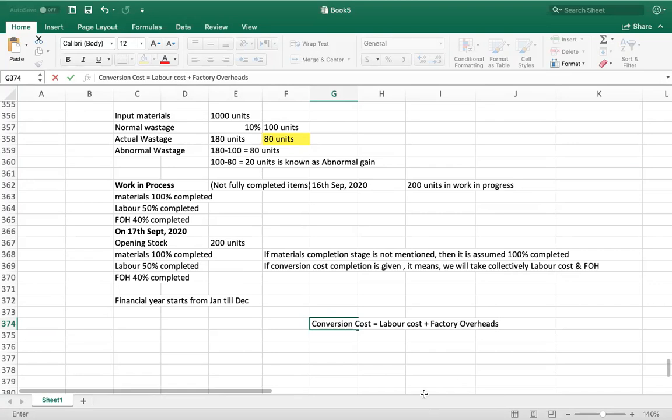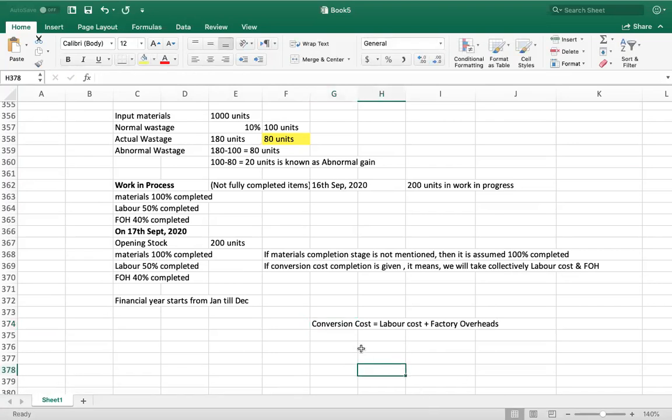If labor cost is, let's suppose, 10,000, and factory overhead, let's suppose, 20,000, what is the total? 30,000. So this 30,000 is known as conversion cost.